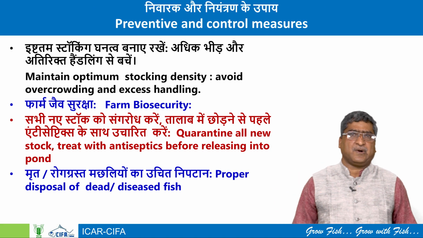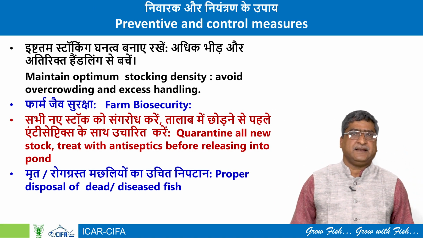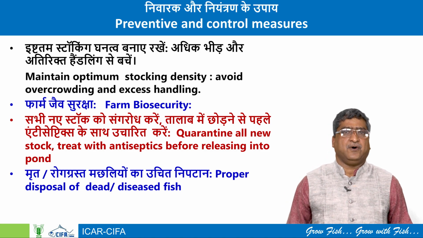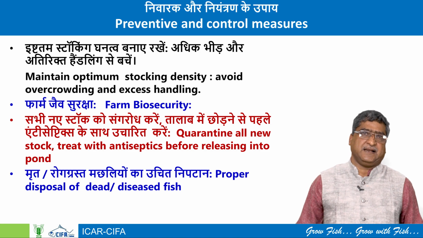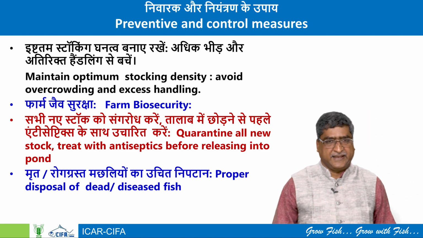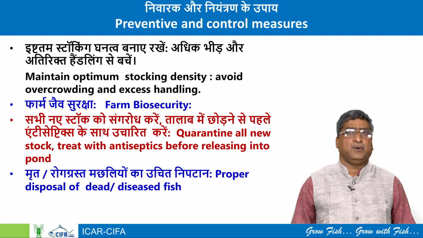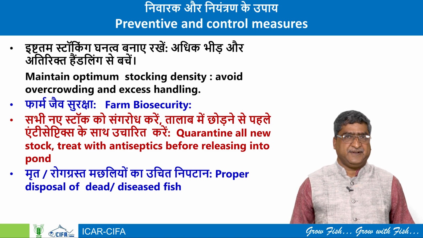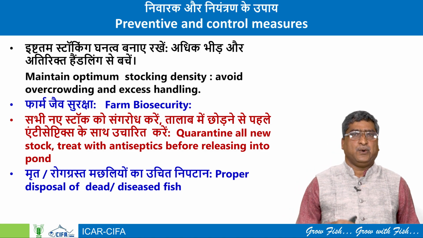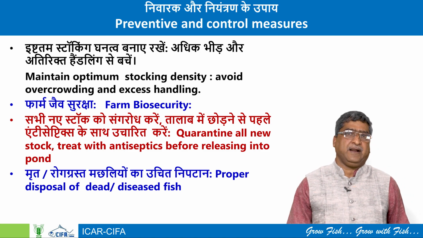So what are the preventive control measures you can take? Maintain optimum stocking density. Always avoid overcrowding and excess handling. Optimum stocking density is very important as per the carrying capacity of the system. Don't overcrowd, don't push too many fish, and don't do excess feeding or excess handling. Give what is required.